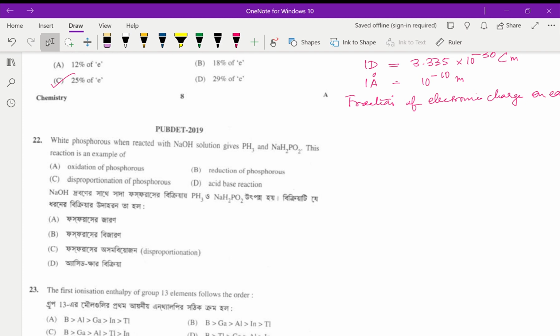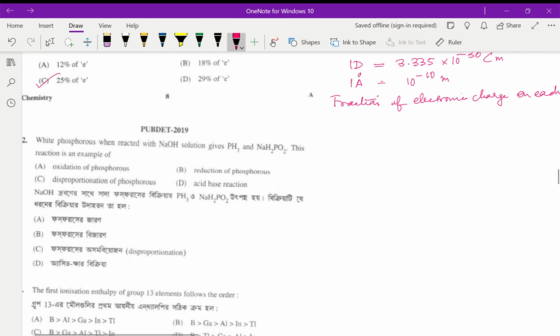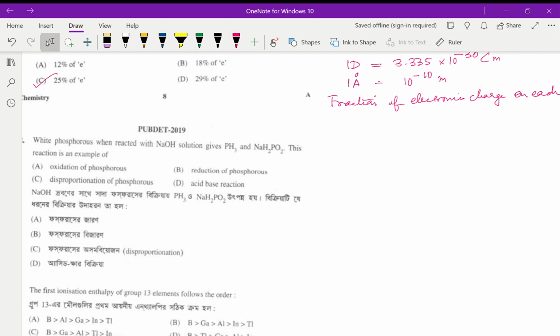Now in the next question, white phosphorus when reacted with NaOH gives PH3 and NaH2PO2, which is the salt of hypophosphorous acid.